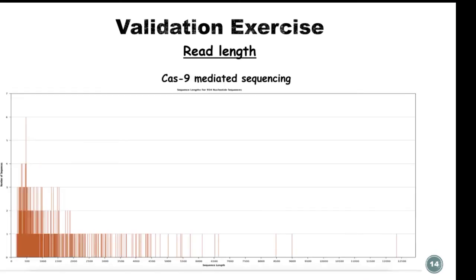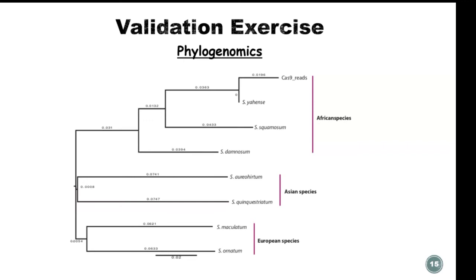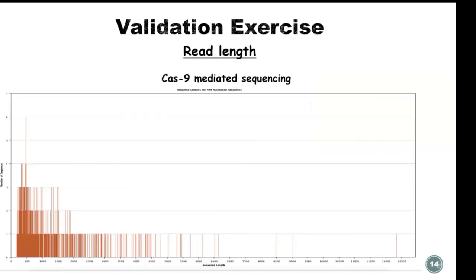For Cas9, when you look at the read length that maps to the mitochondrial genome, you have one read that is almost the size of the mitochondrial genome, about 12 kb. So in a single run, you are able to almost sequence the whole mitochondrial genome of an organism.